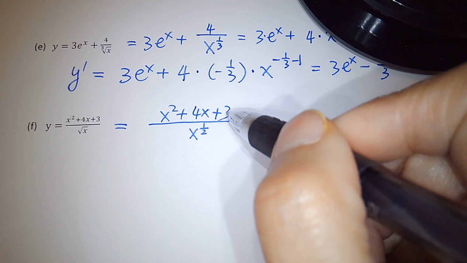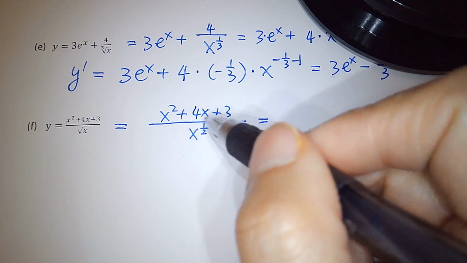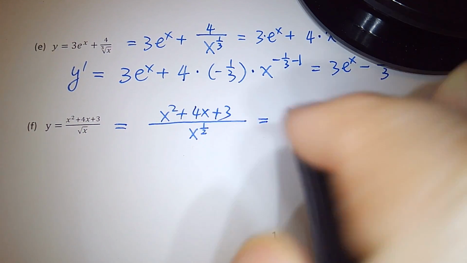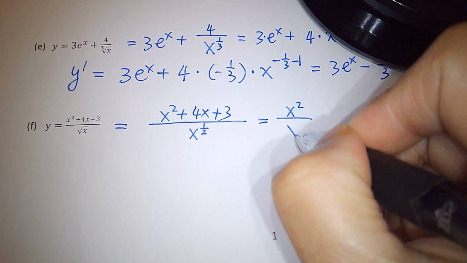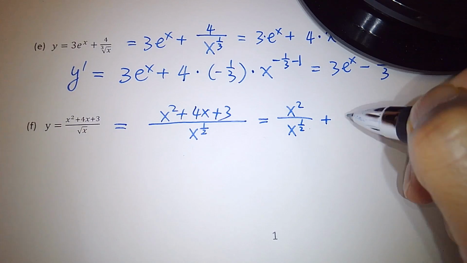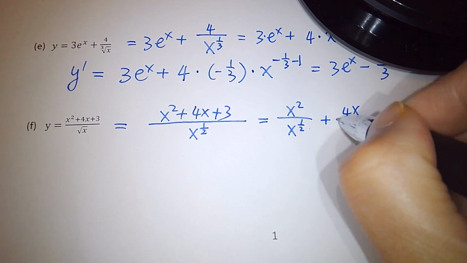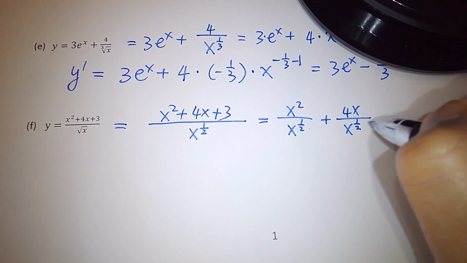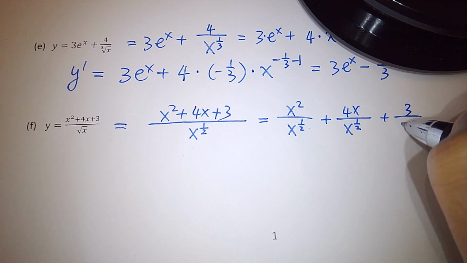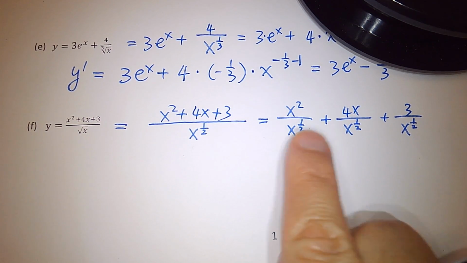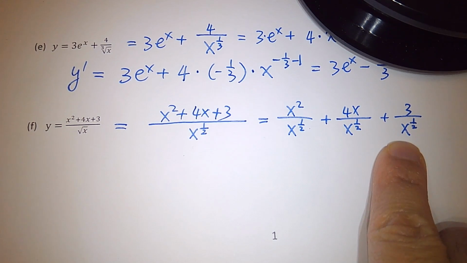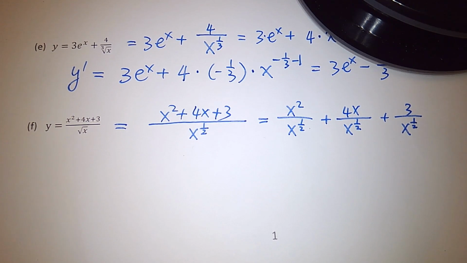Can we split this entire fraction into 3 fractions? Okay, so we get x squared divided by x to the 1/2 plus 4x divided by x to the 1/2 plus 3 divided by x to the 1/2. Why do we want to do this? Because we want to make sure that we have power functions for each of these 3 terms.